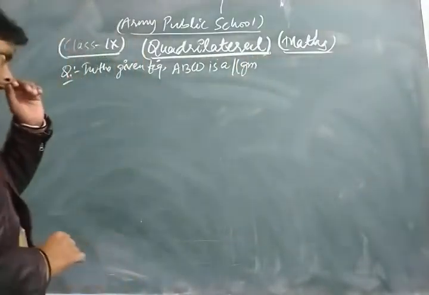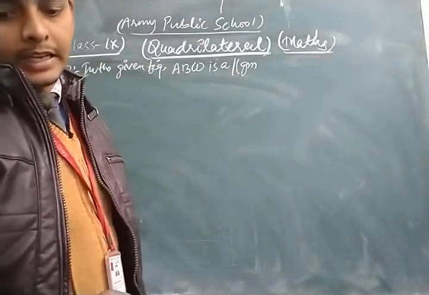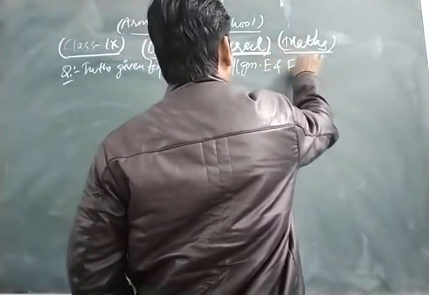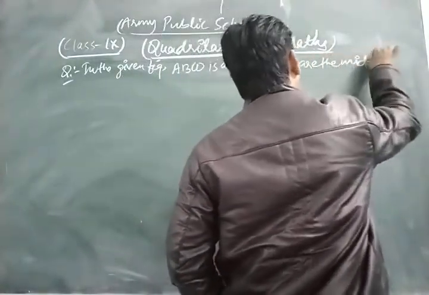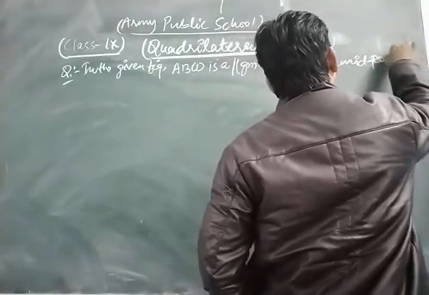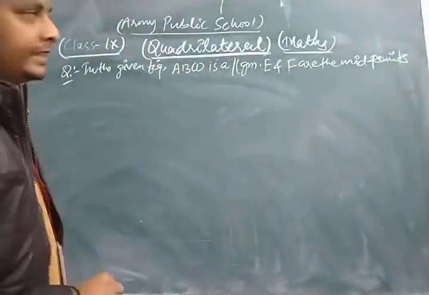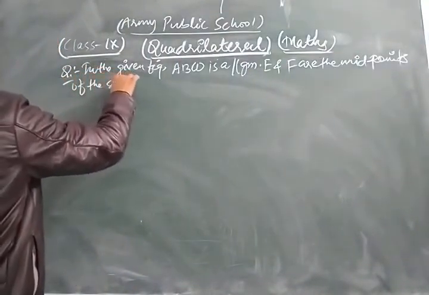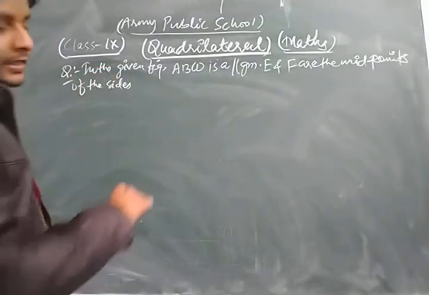E and F are the midpoints of the sides AB and CD respectively.